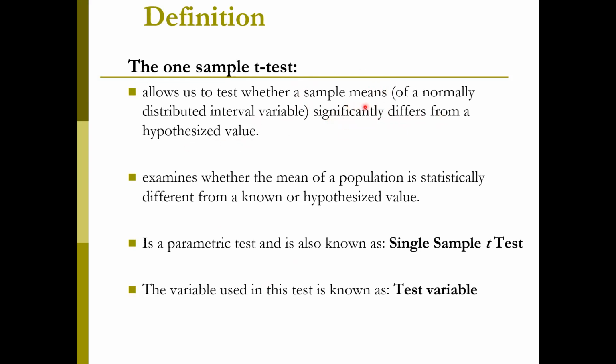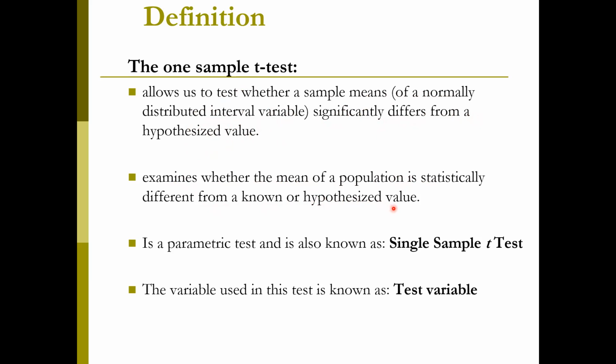A sample mean significantly differs from a hypothesized value. Of course, the mean of a normally distributed interval variable. Remember, we've met the word interval variable. It examines whether the mean of the population is statistically different from a known or hypothesized value.